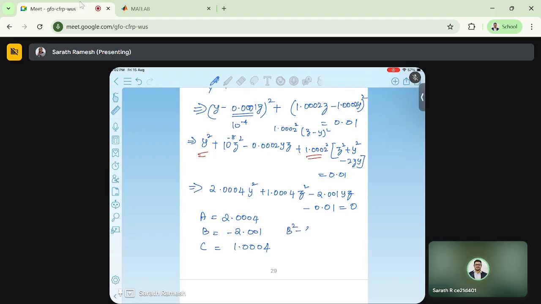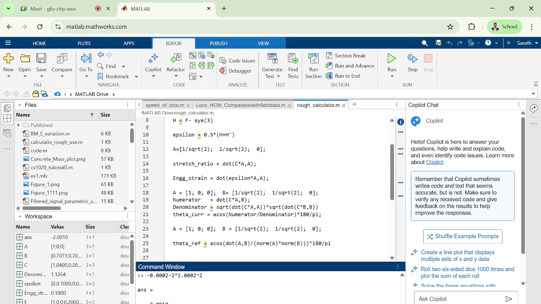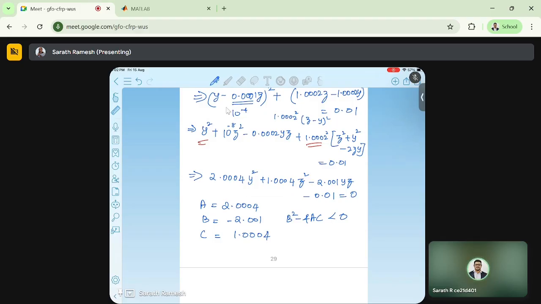So B square minus 4AC, if we check, minus 2.001 square minus 4 into A into C, 1.0004, we'll get negative. So it's less than 0. Hence, we say it is an ellipse. Therefore, the deformed shape is an ellipse.